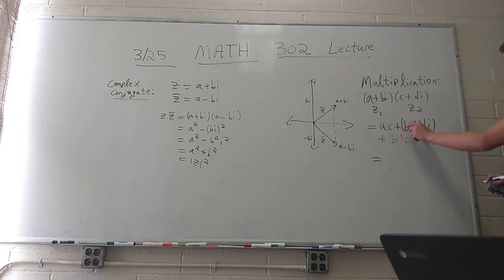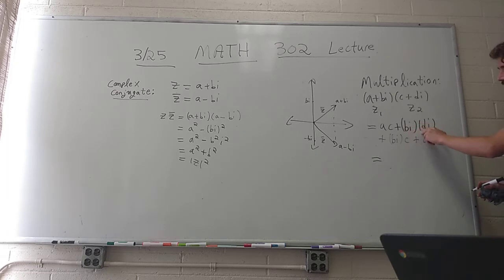If you notice, it doesn't matter which order we multiply these things in, so we can switch the order. This becomes b times d times i squared.